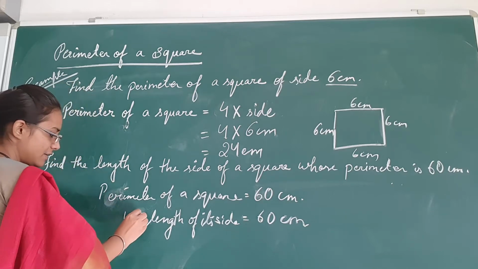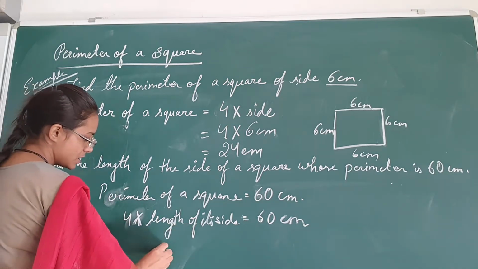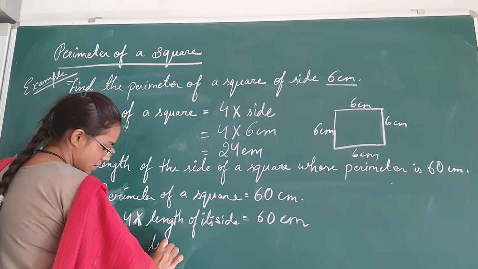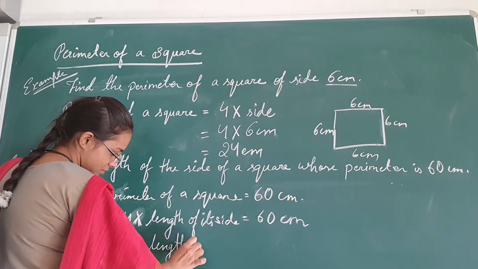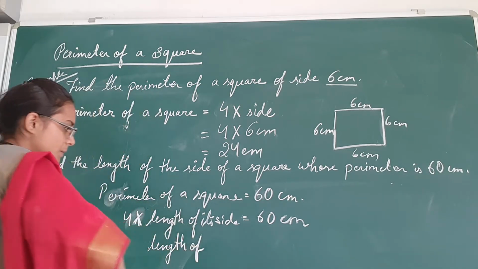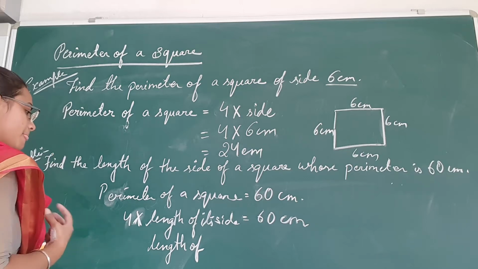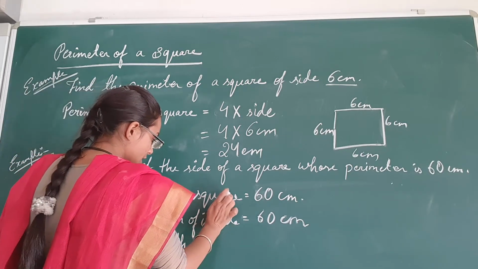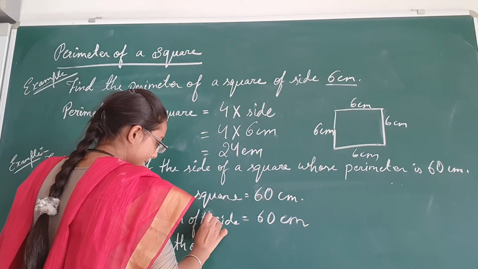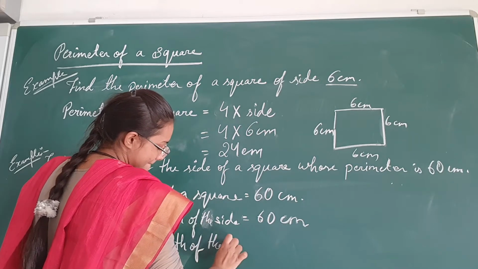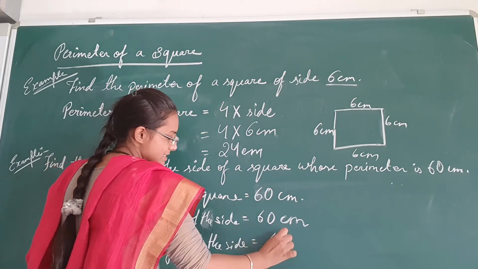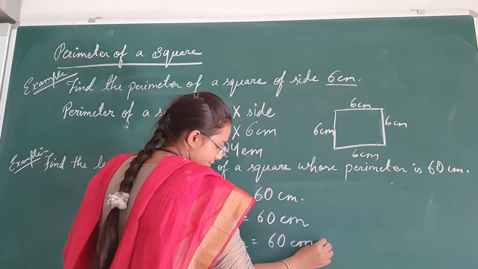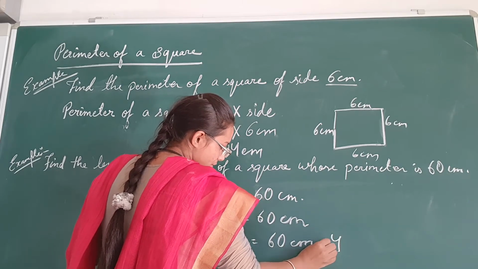As I told in the previous question, when we solved for the rectangle, the length of the side is equal to 60 centimeter divided by 4.